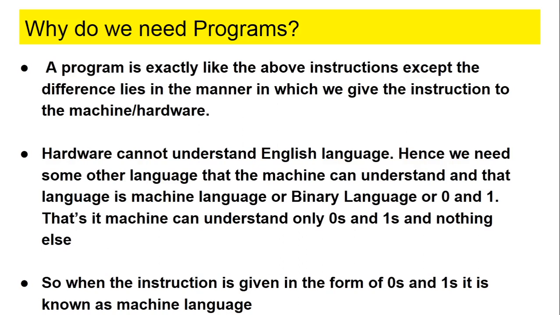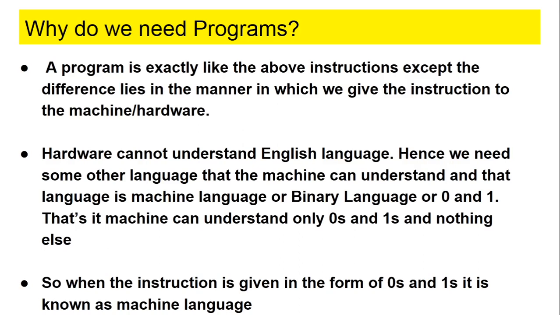Similarly, the machine, the electronic chip or the hardware needs instructions, but the instruction cannot be in normal English language. The machine cannot understand English language. If I ask the machine to do a certain task in English, obviously it will not be able to understand.